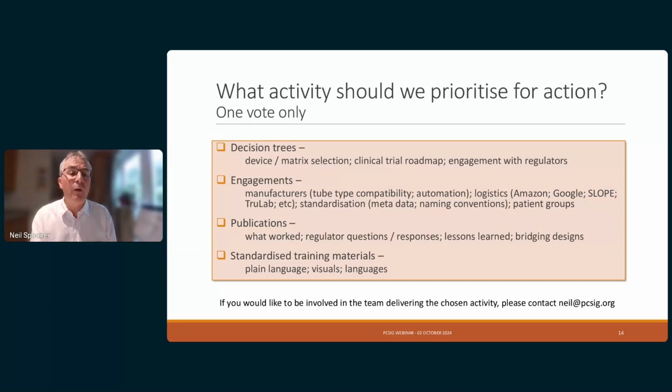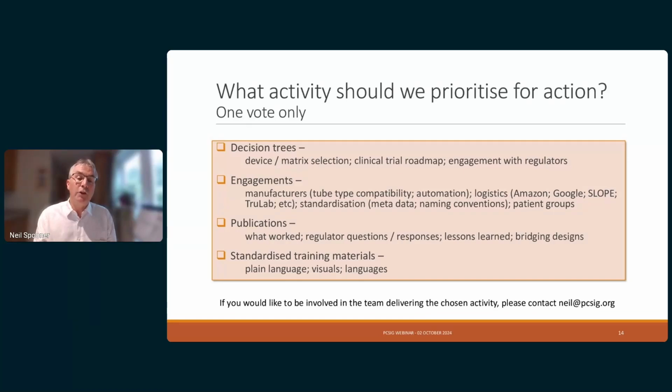Another big area was different engagements that the patient-centric sampling interest group could make. For example, with different manufacturers of tubes, the devices, the automation solutions that maybe we need to help us analyze these samples.